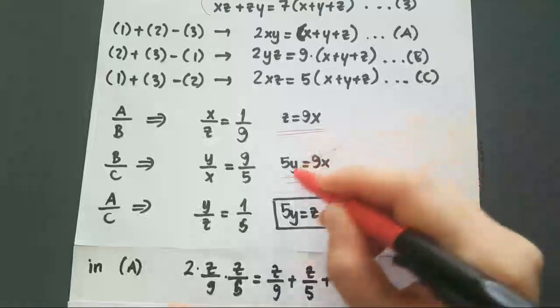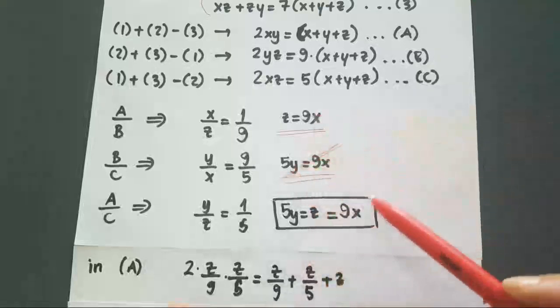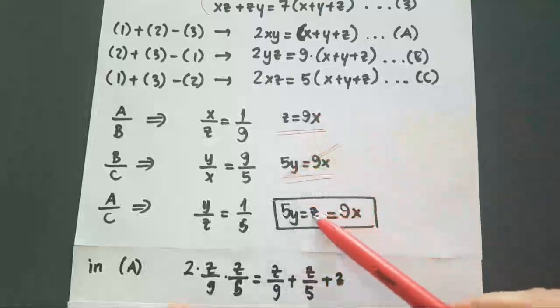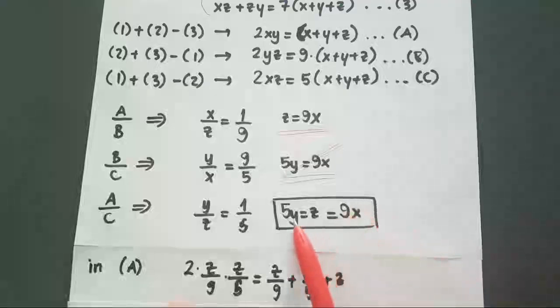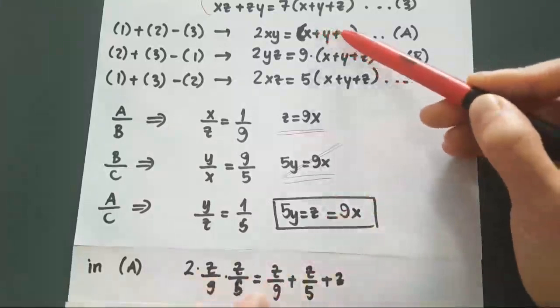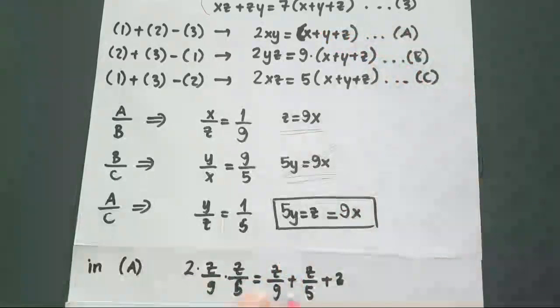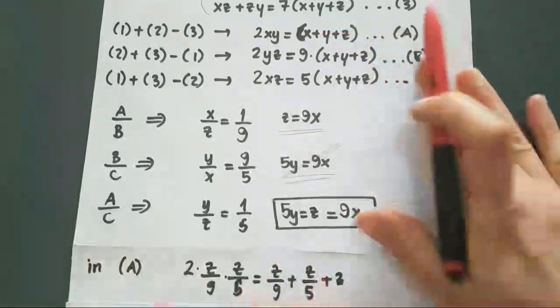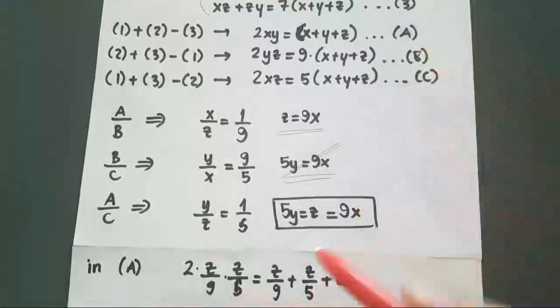I'm sorry guys, I have mixed it here. z is equal to 5y, or z is equal to 9x, which means that y is z over 5, or x is z over 9. If I substitute them here, you see x is z over 9, y is z over 5, equals x plus y plus z. So z over 9 plus z over 5 plus z. When I simplify this equation, it will be 2z squared minus 59z is equal to 0.